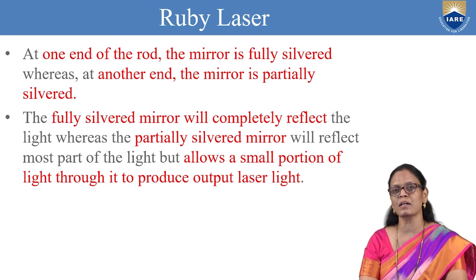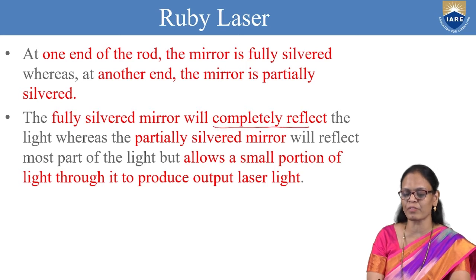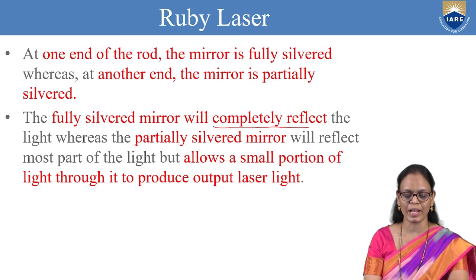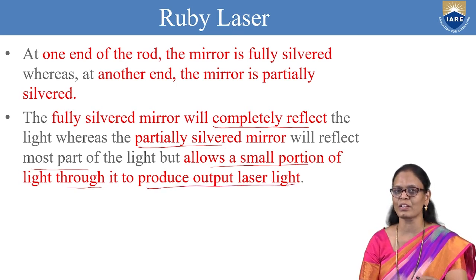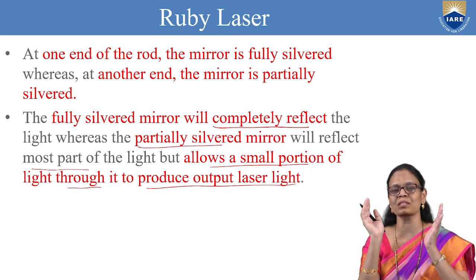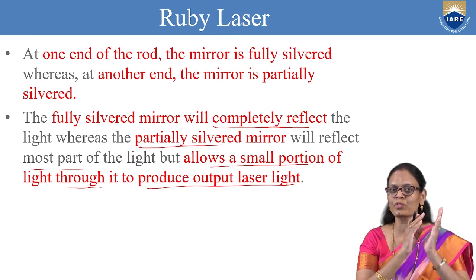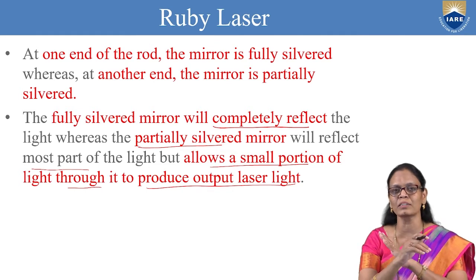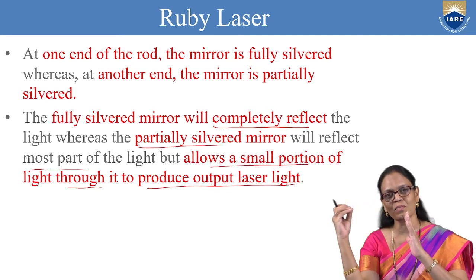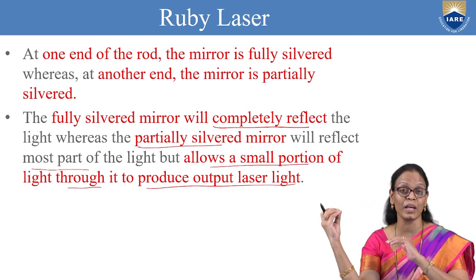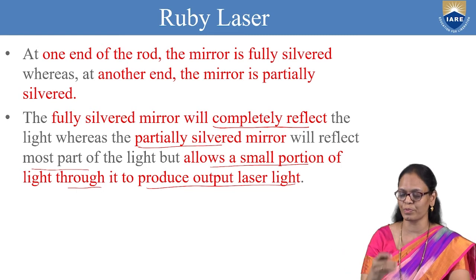The fully silvered mirror will completely reflect the light, whereas the partially silvered mirror will reflect most of it, but it will allow a small portion of the light to produce the output laser. So that is what we need to understand. Where it is coated 100%, it will reflect all the light, and where it is partially coated, it will allow some light to come out through it, where we get the laser output.